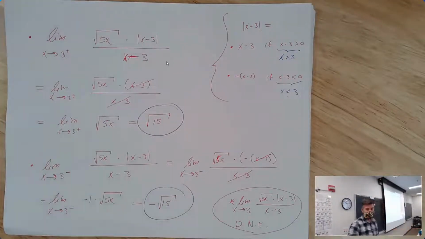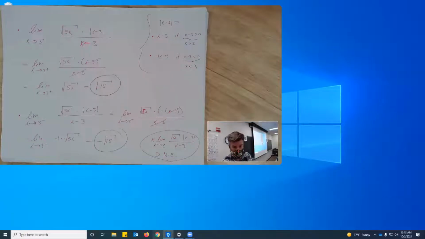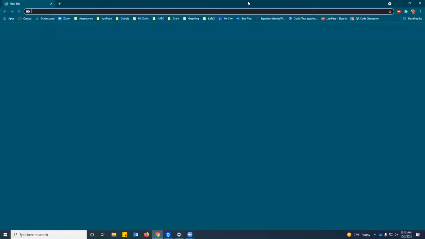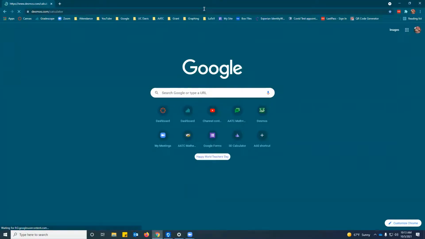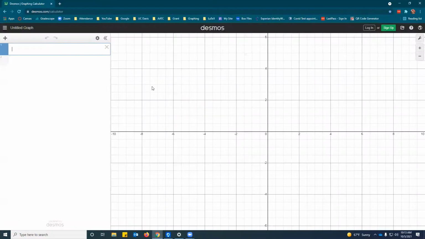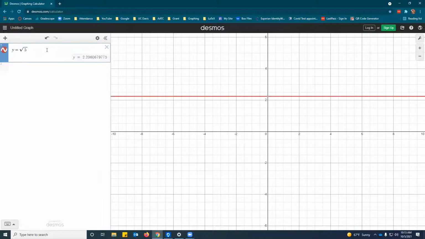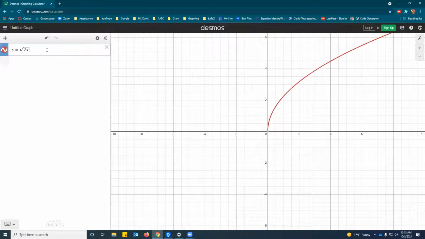I don't actually know what this graph looks like, but we can find out. So let's see, we want to graph y equal to, what do they make up here? The square root of 5x times the absolute value of x minus 3.